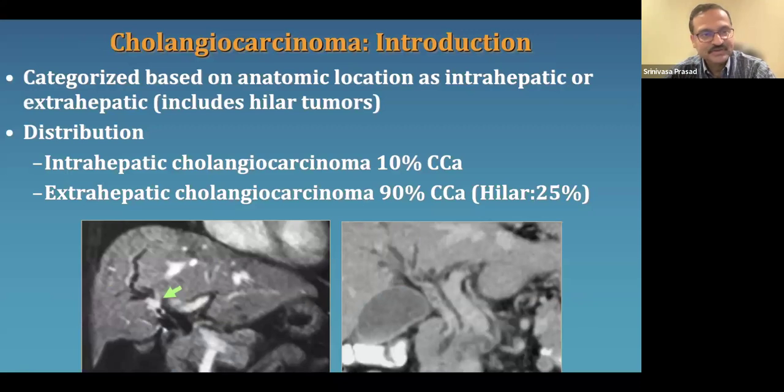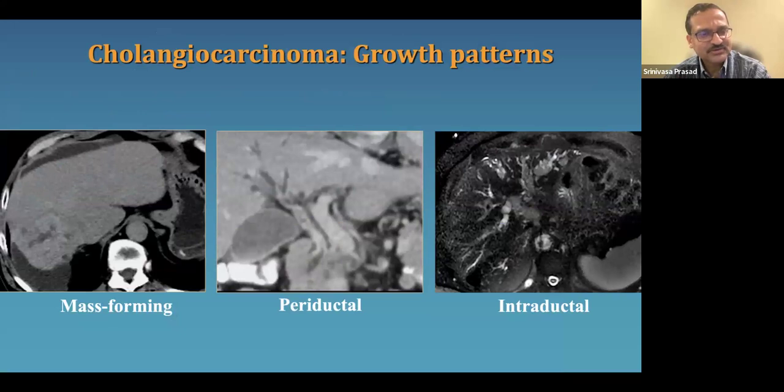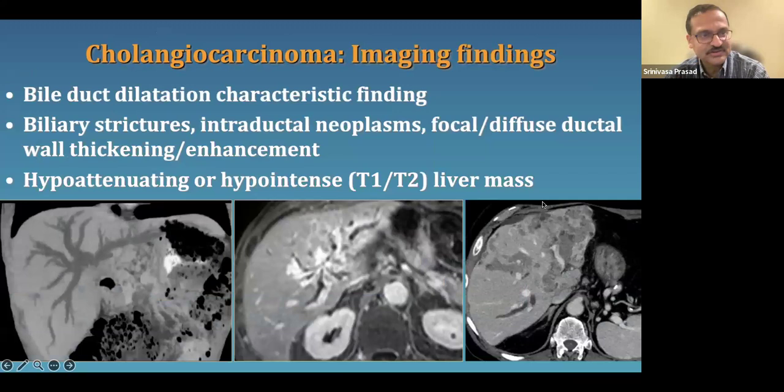The intrahepatic variant has small duct and large duct variants, which are two different diseases with different risk factors, genetic abnormalities and different pathological characteristics. So based on imaging, one can have mass-forming cholangiocarcinomas or tumors that tend to grow along the duct, the so-called periductal and intraductal variants.